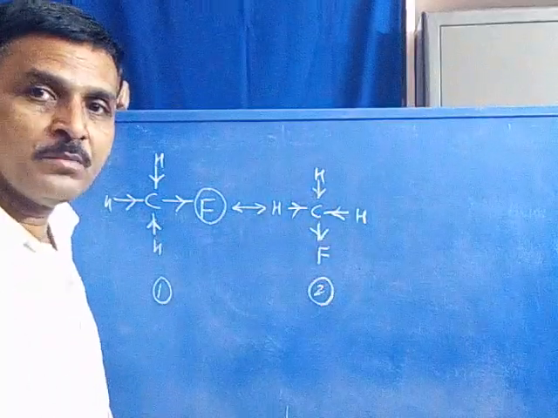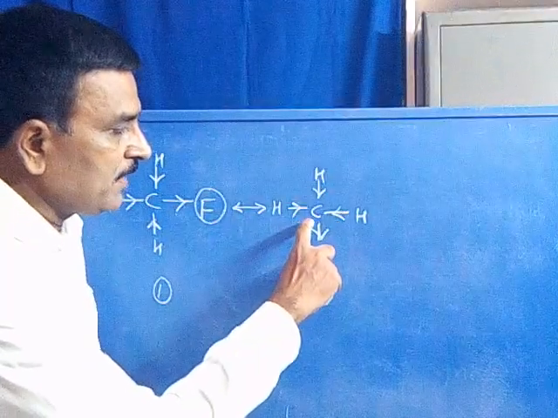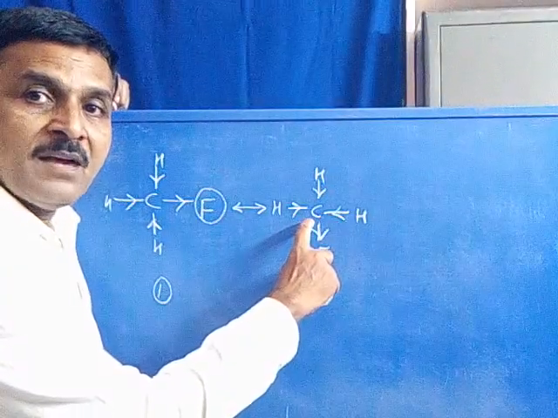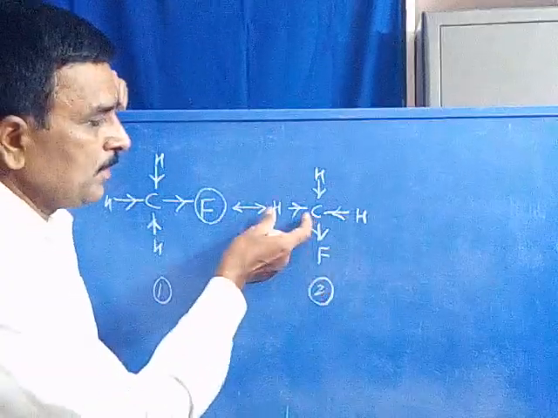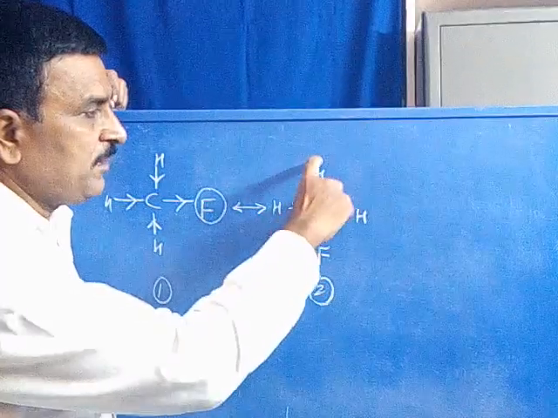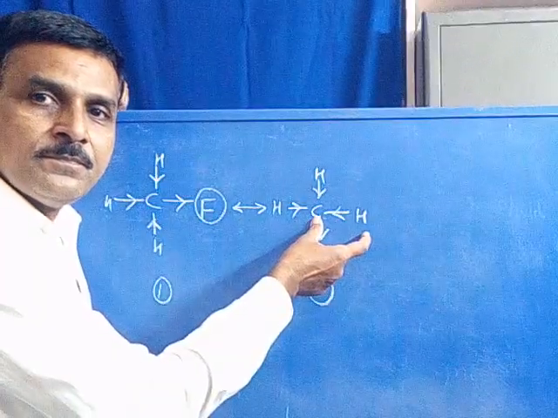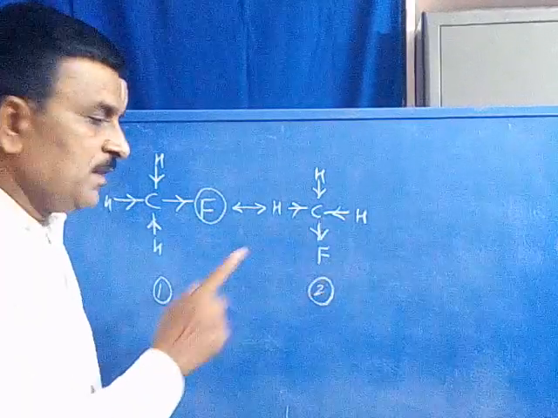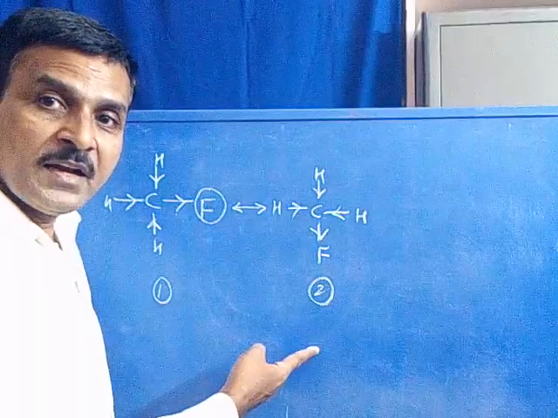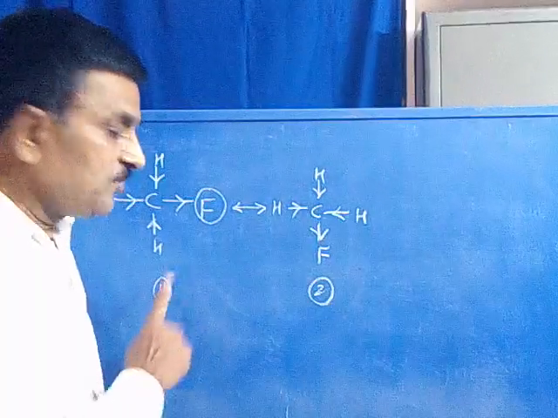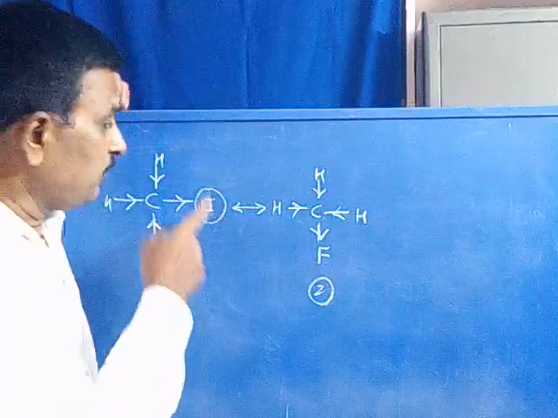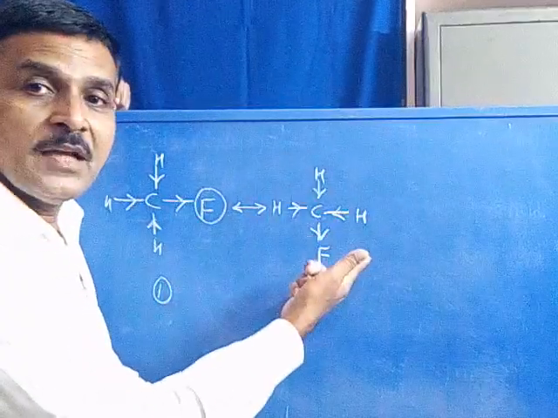Now you can observe the inductive effect exhibited by fluorine is again equal between each carbon-hydrogen. Is it clear? There is no difference in the inductive effect on changing the orientation from one to the other.